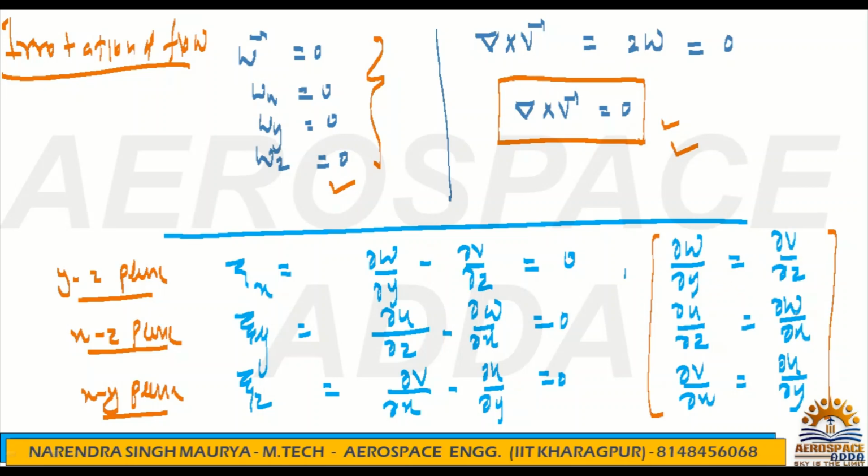Dou u by dou z equal to dou w by dou x is for the XZ plane. So for the XY plane, always remember dou v by dou x equals dou u by dou y for irrotational flow. Similarly, for the XZ plane, dou u by dou z equals dou w by dou x, always for irrotational flow. These are very important points, you need to remember.